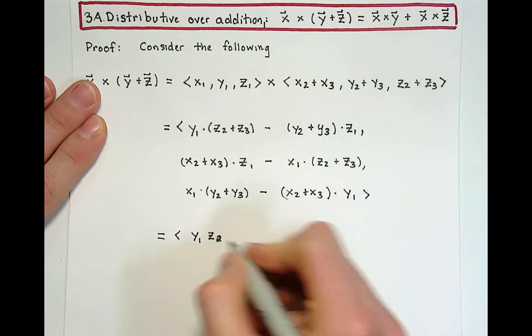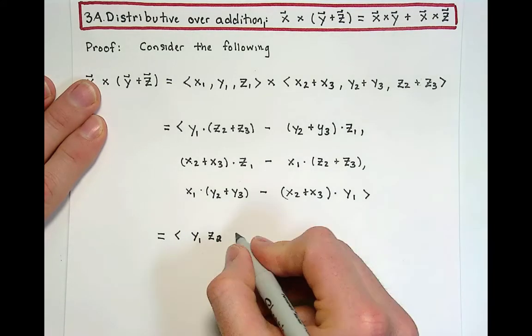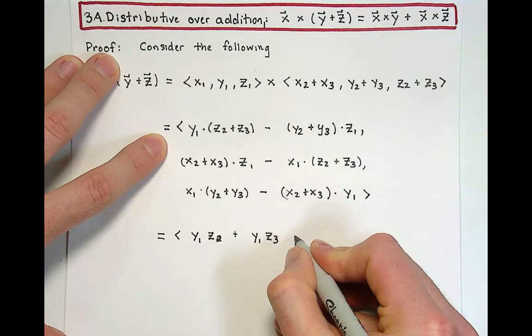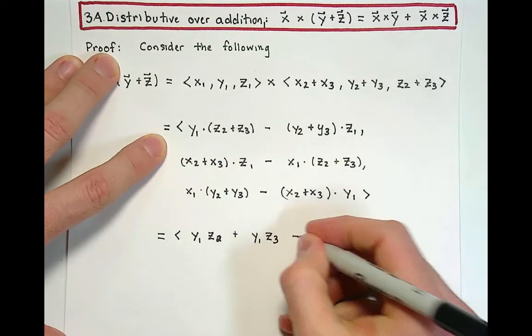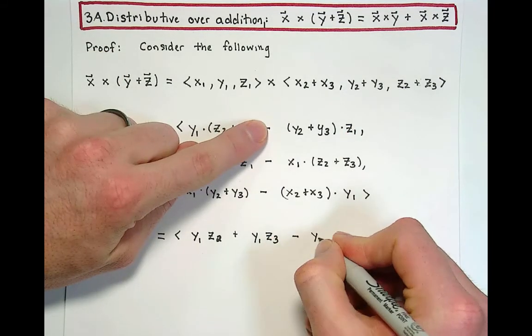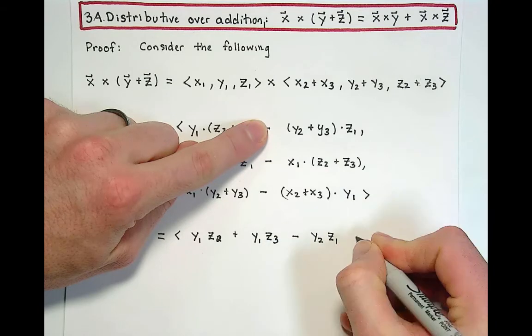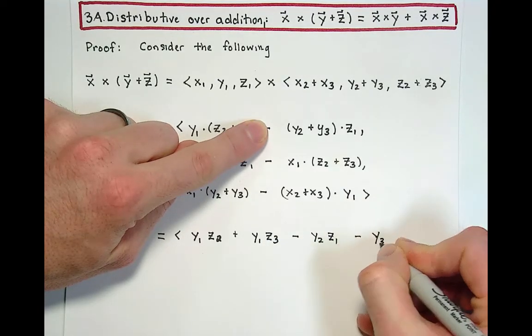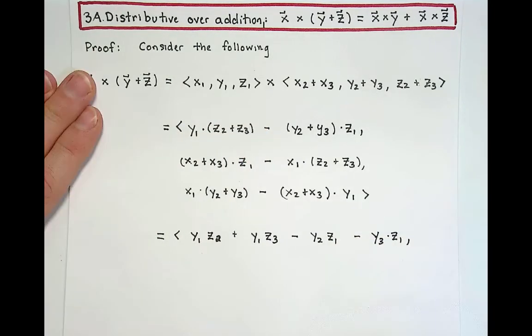So here we got y1z2 plus y1z3, and then we subtract away from this. Let's do both distributions at once. y2z1, and we'll also subtract away y3z1, so that's in the first component.